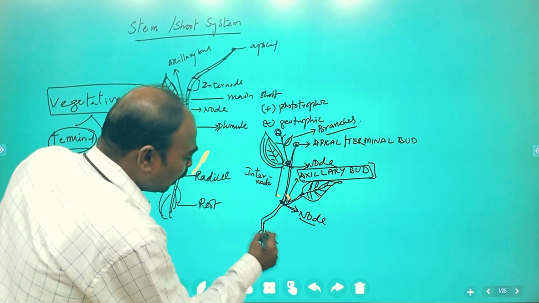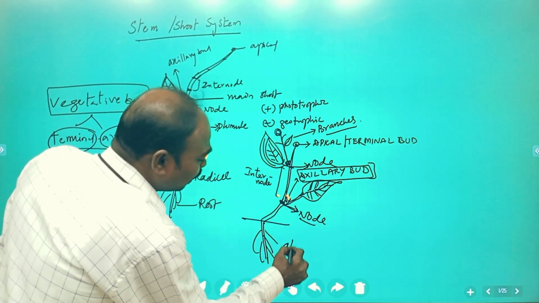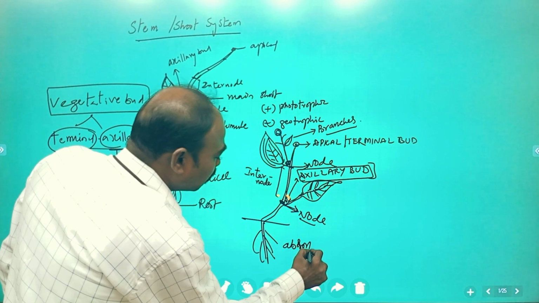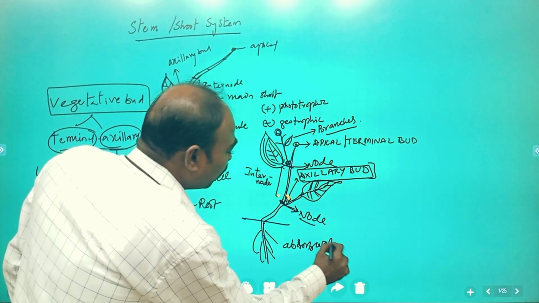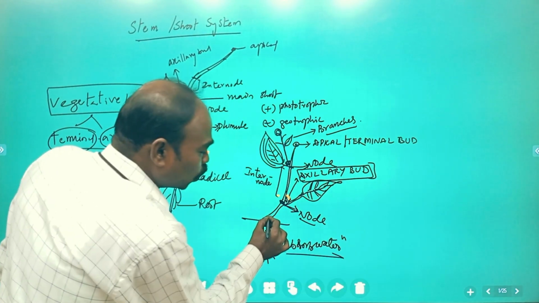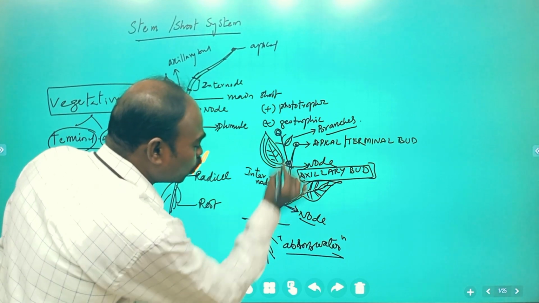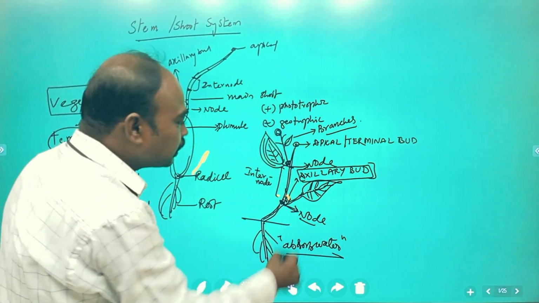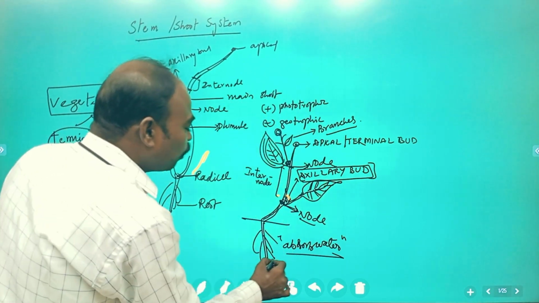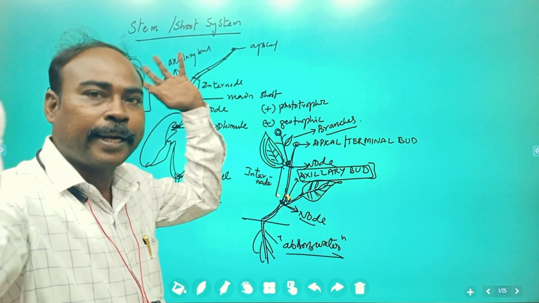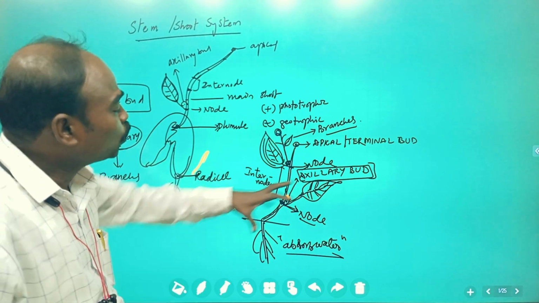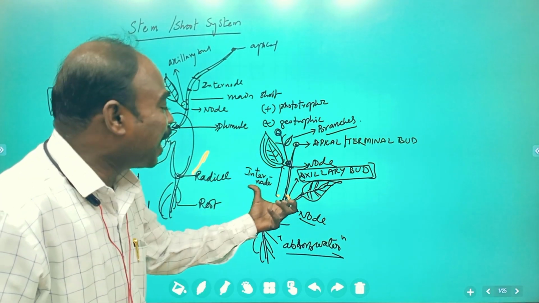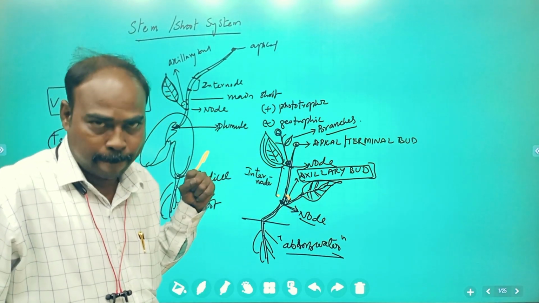Let us see. The root absorbs the water. The absorbed water is transmitted through the stem to the aerial parts. For all branches and all leaves, the absorbed water is transported or translocated throughout by the shoot system.